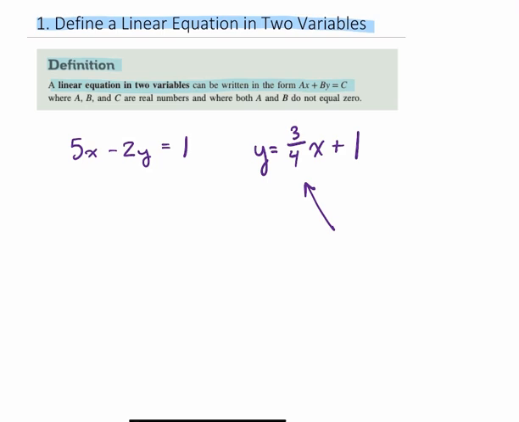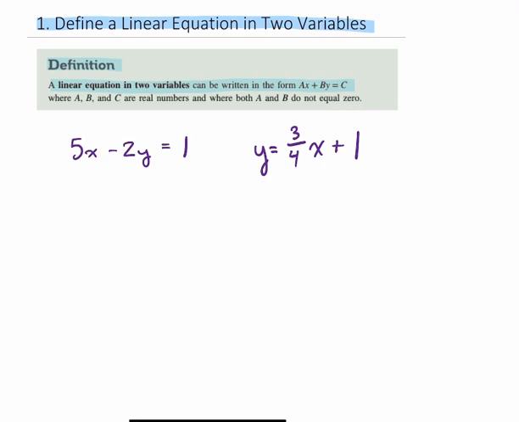We'll describe this in another video. But we could ultimately put it into this original form, this general form that they're describing in the definition. All we would need to do is move this term with x over to the other side, and then it would be in that more general form. So it doesn't have to look like this, but ultimately it can be made to look like it.